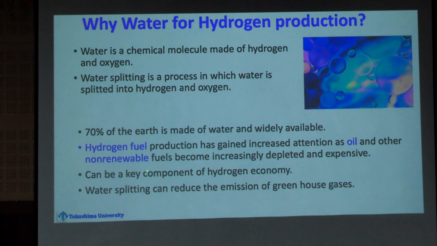Hydrogen production has gained much more interest as oil, gas, and other non-renewable fuels become increasingly depleted and expensive. Gasoline and other sources will be expensive in the future. So hydrogen is a source of energy that might be relatively cheap as compared to these non-renewable sources.